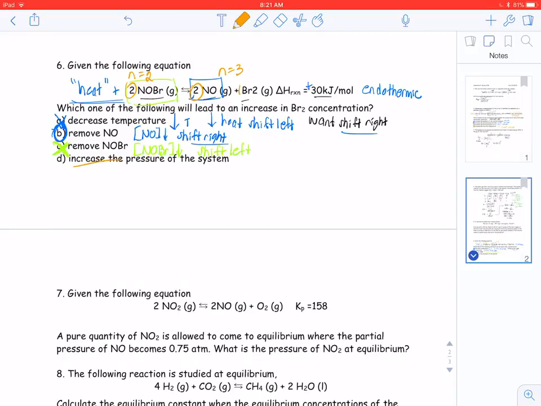If we increase the pressure, we want to shift to the side that has fewer moles of gas. So that's shift left. We want to shift right, so that's not going to give you an increase in Br2 concentration. So that's how you solve this problem.